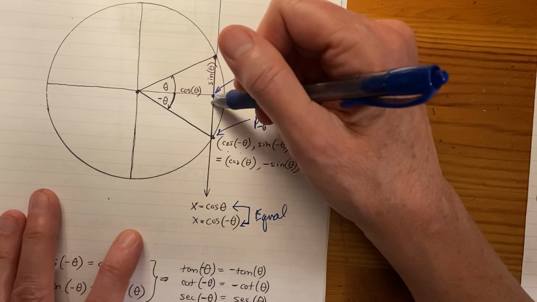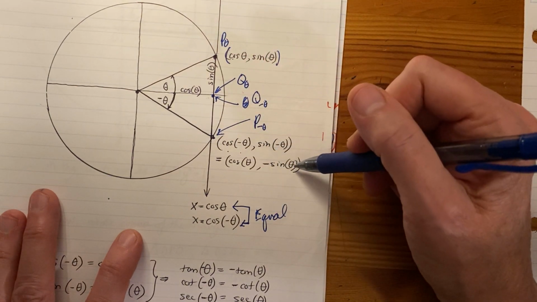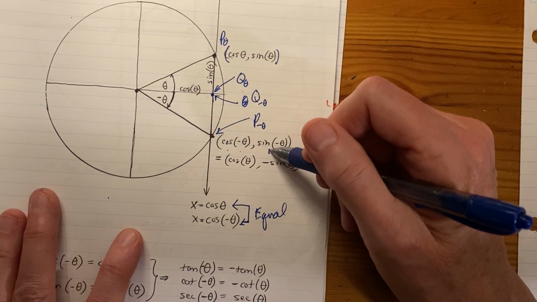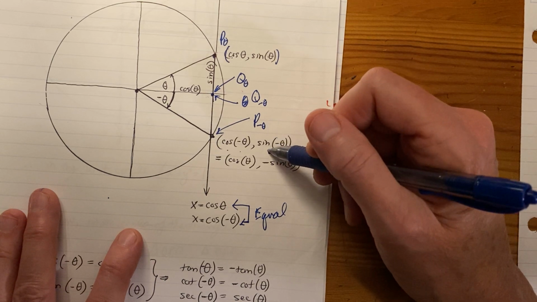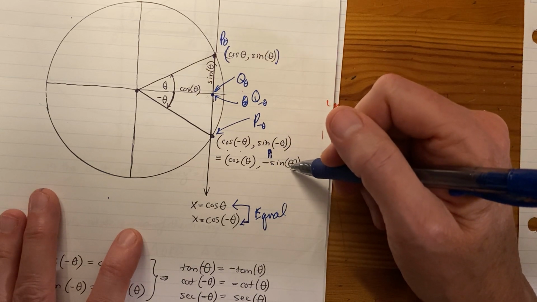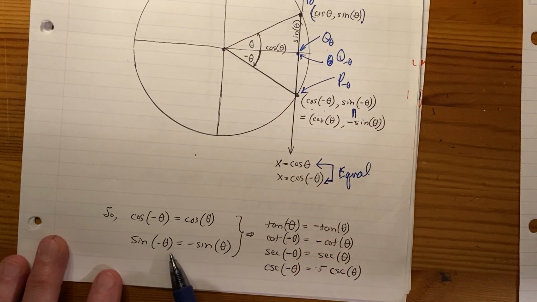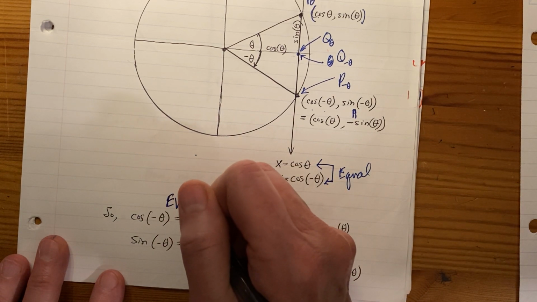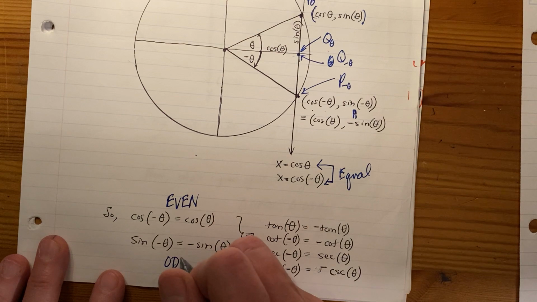So if this length is actually the sine of theta, the y-coordinate of that point is the opposite of the sine of theta. So therefore, the sine of the opposite of theta, that's what we call the y-coordinate of p sub opposite of theta, turns out to be equal to the opposite of just the sine of theta. And that gives us this odd symmetry about the sine function. So the cosine function is even. It's acting like an even function. And the sine function is odd.